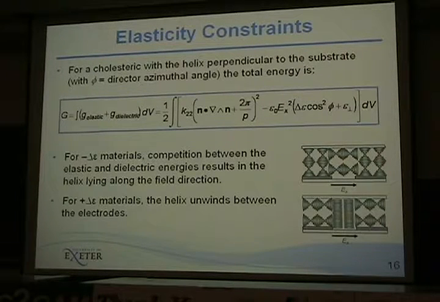Because for the positive material, it's energetically favourable for it to completely align with the centre, and for the stray fields at the edges here to cause it to tilt the helix over. So these stray fields in this particular case were extending over several tens of microns.